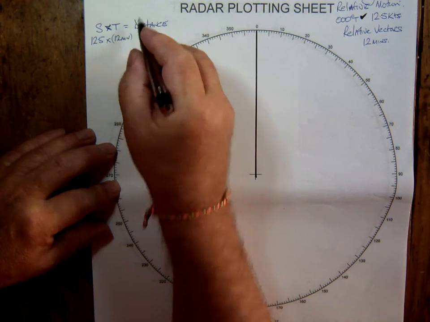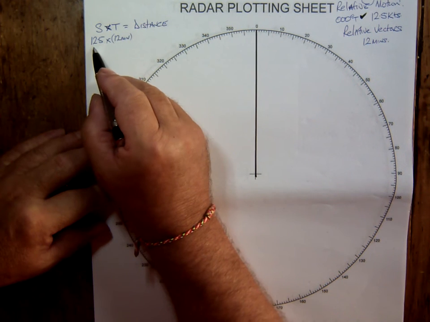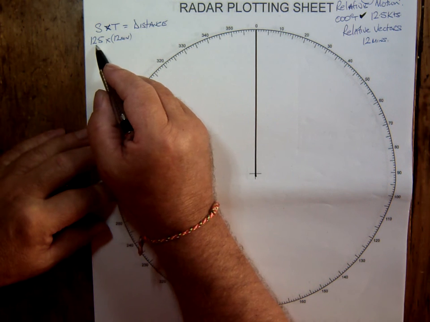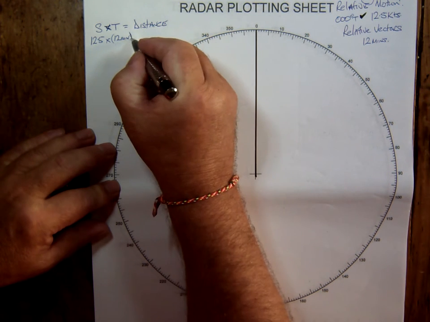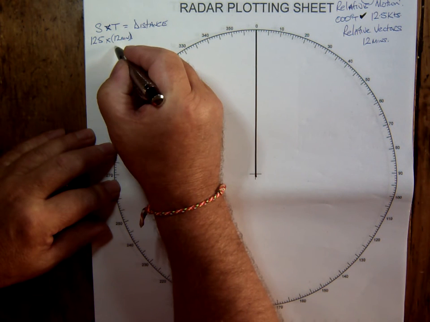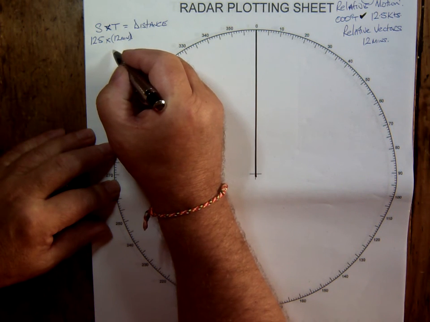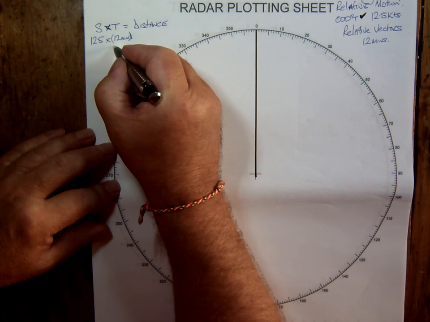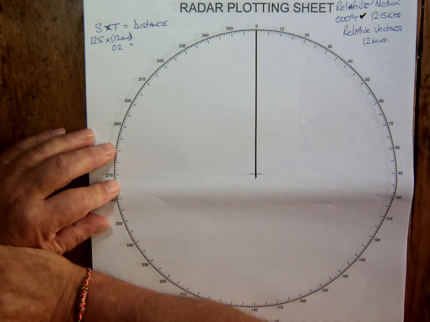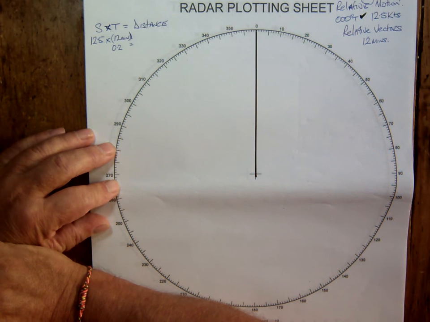But they need to be in the same units, because speed is 12.5 knots, that's nautical miles per hour. So 12 minutes as a division of an hour, 6 minutes is 0.1, so 12 minutes will be 0.2. How do I do this quickly in my head? Yeah, it's just maths, isn't it?